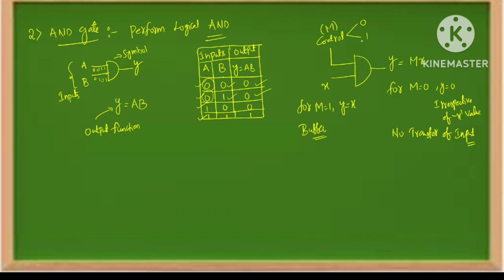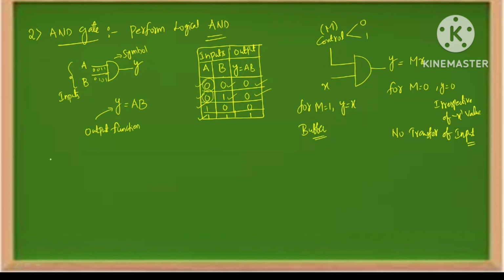When I consider the control input as 1, you can make this AND gate act as a buffer. This is possible with the two input AND gate. So this is about the AND gate, its logic symbol, truth table, and basic behavior.